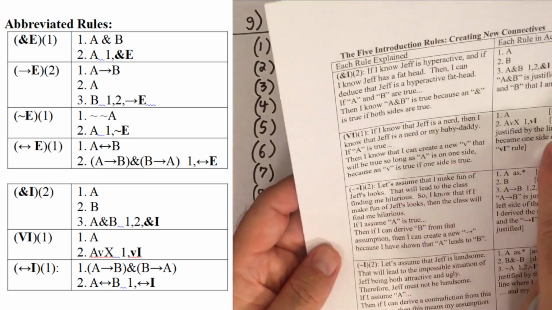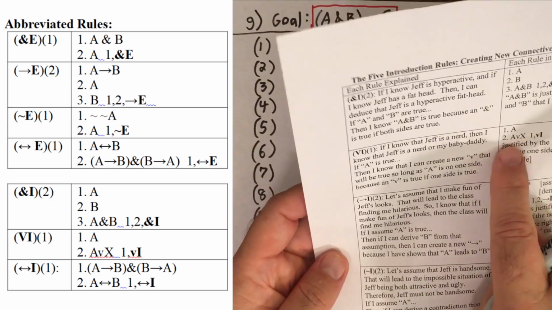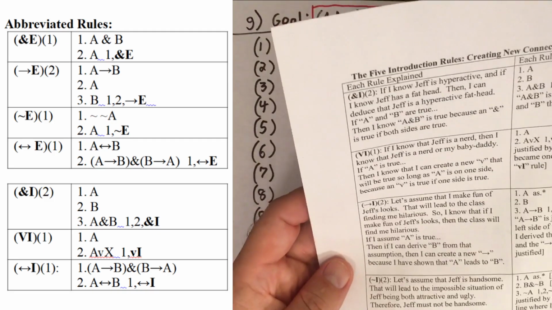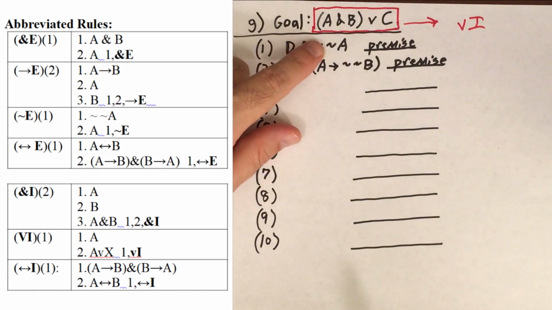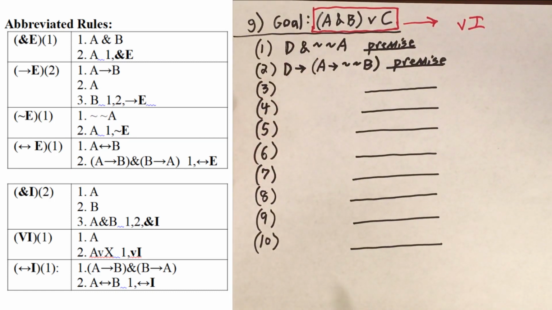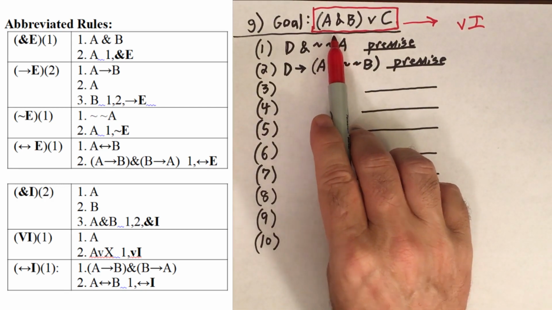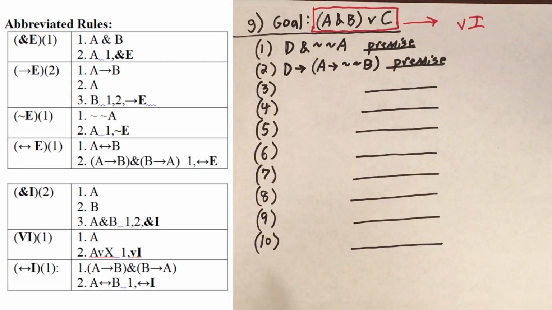It says that when you are trying to create a new OR, you need to prove that one side of your new OR is true, and then you can just create the other side out of thin air. So notice, my goal is A and B or C. So I am simply going to look to prove either A and B or prove C, and then create the other side of my new OR.